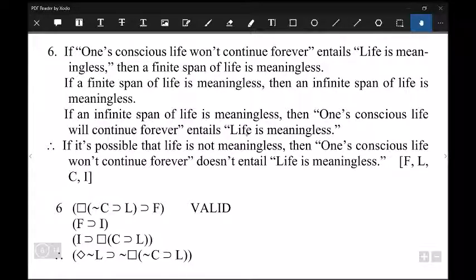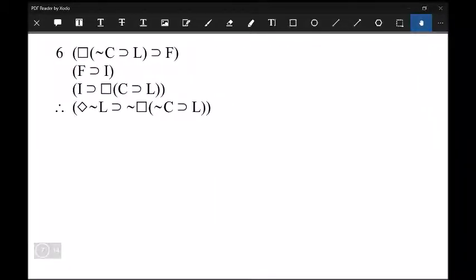But if an infinite span of life is meaningless, then one's conscious life will continue forever entails life is meaningless. Therefore, if it's possible that life is not meaningless, possible not L, then one's conscious life won't continue forever doesn't entail life is meaningless. Pretty complicated stuff, but it is valid.